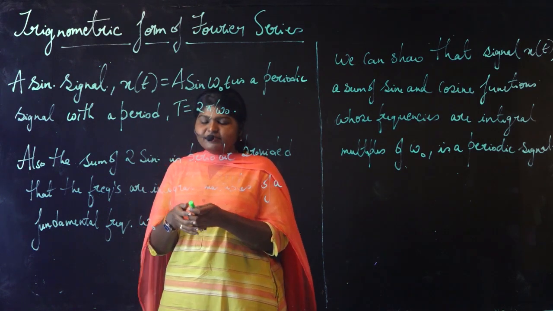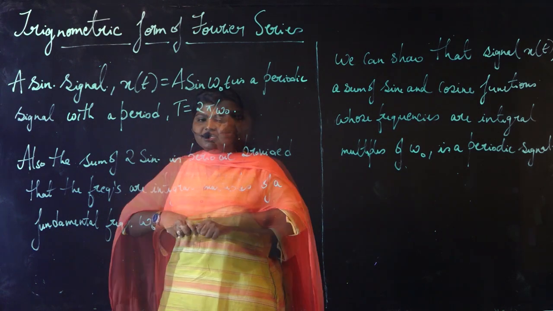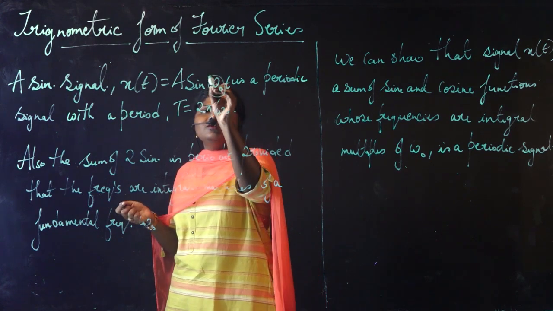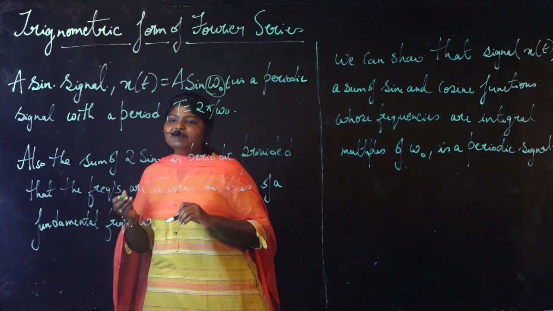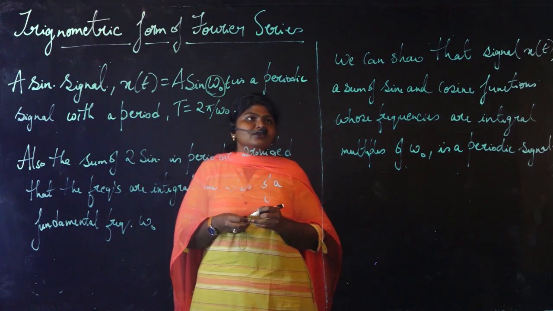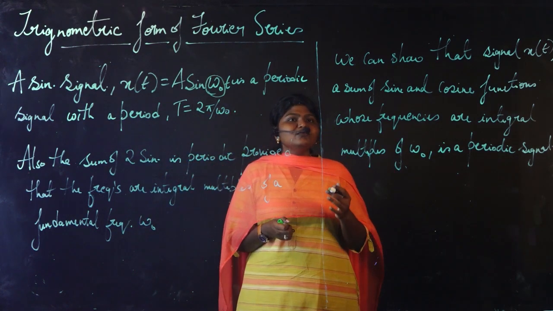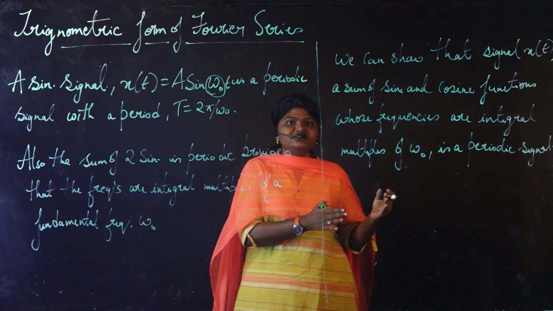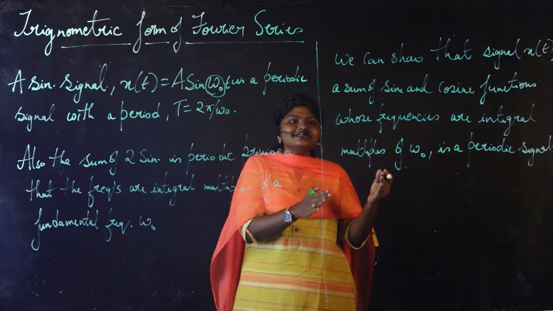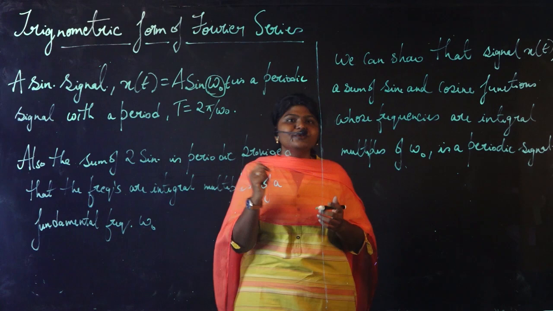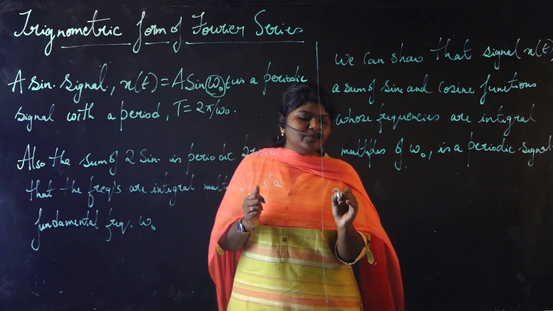So the fundamental frequency omega naught and its integral multiples make it periodic. We can show that the signal x of t is a sum of sine and cosine functions whose frequencies are integral multiples of omega naught. We will just see how it looks.